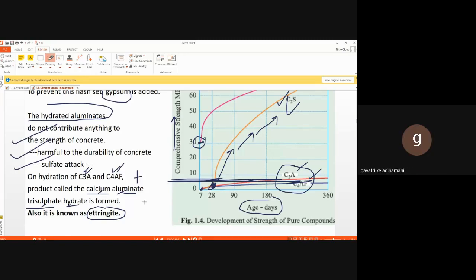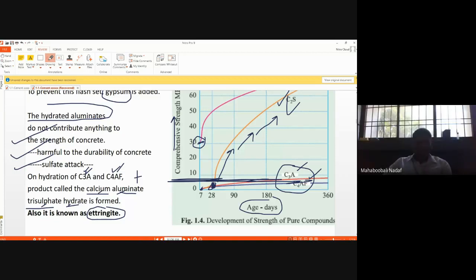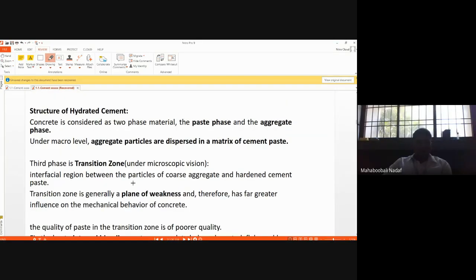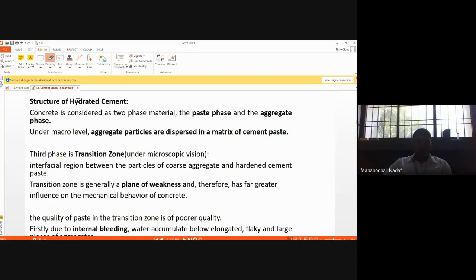Okay. Now, the structure of hydrated cement paste. I will explain using this diagram. If it is a big beaker, you are adding water, your cement is added, so gel is forming, aggregates are also there, everything is there.